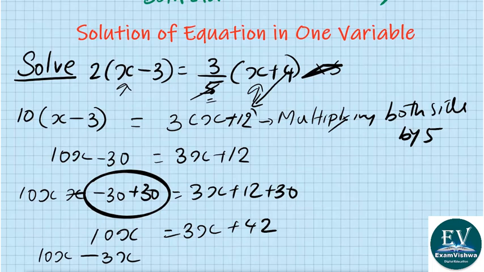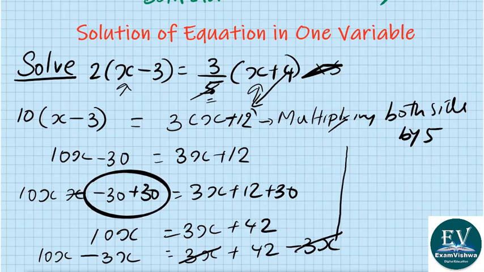That means minus 3x on the left side and minus 3x on the right side also. So 3x minus 3x cancelled. So in the next stage, 10x minus 3x is 7x, 3x minus 3x is 0.